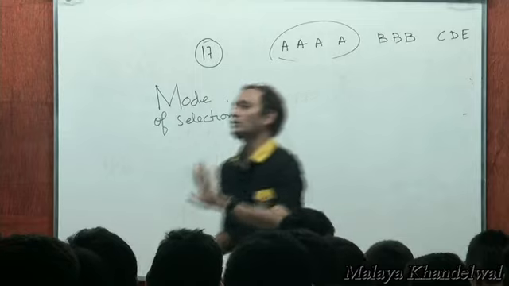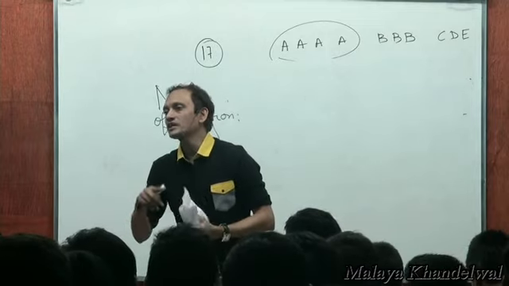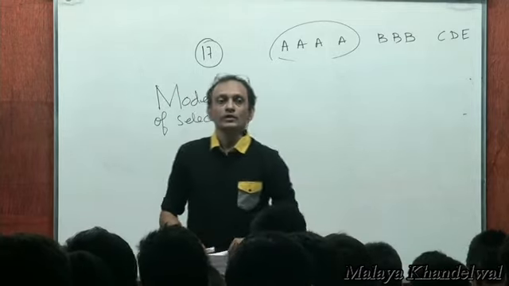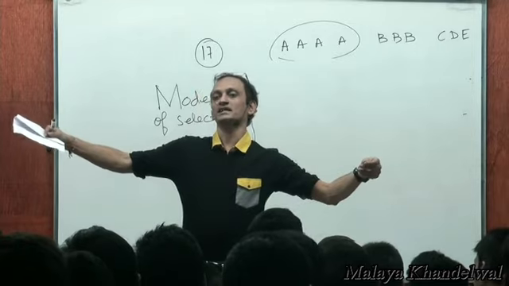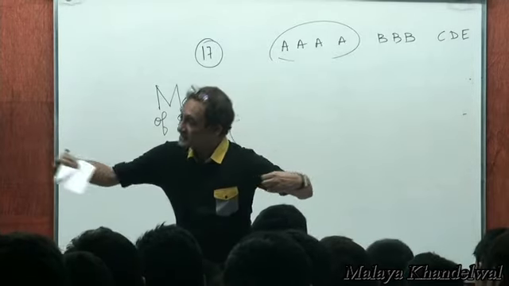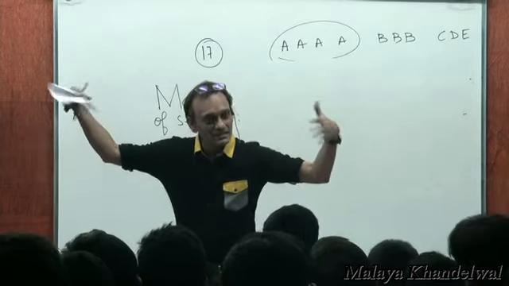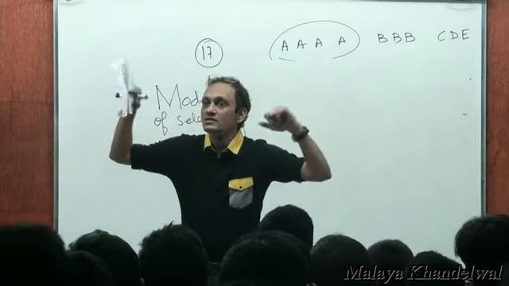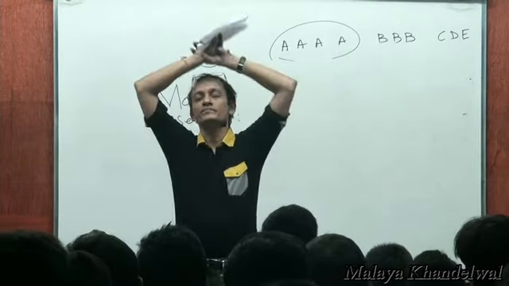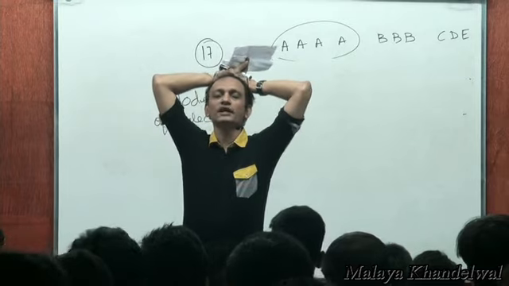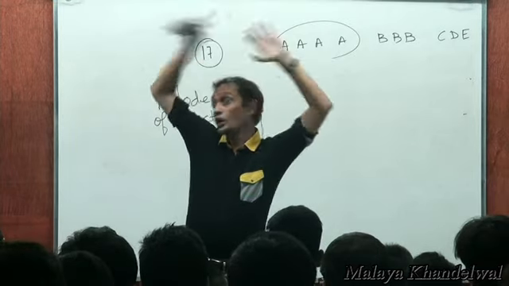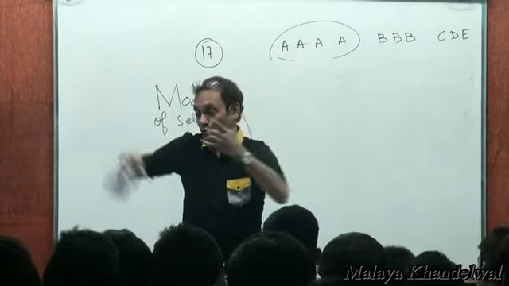Now, how many A's are there? 4. In the string that I am selecting, the number of ways in which I could deal with 4 A's, they are all identical by the way.